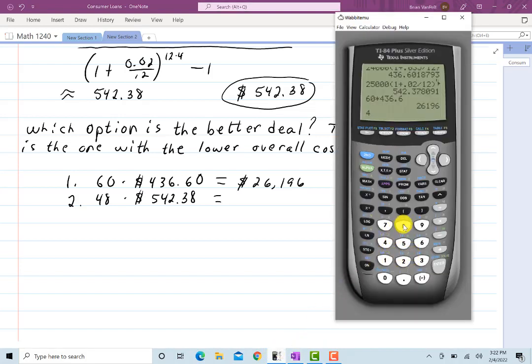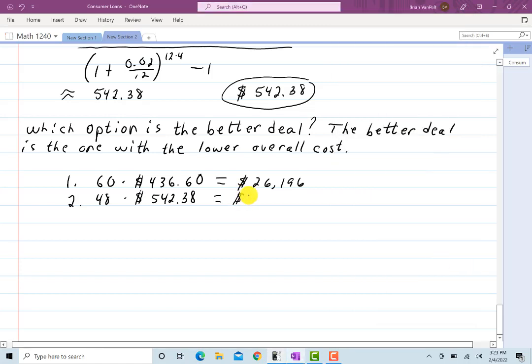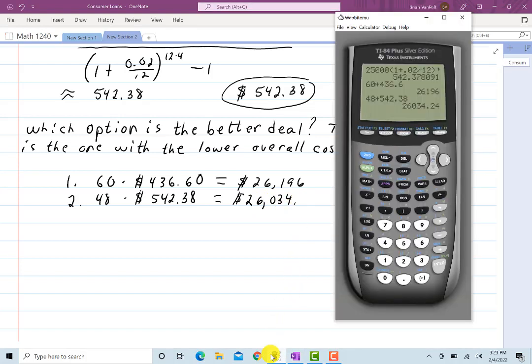So we'll have 48 times 542.38. And here I get 26,034, point, not that this point matters much, but let me throw it in there, 24.